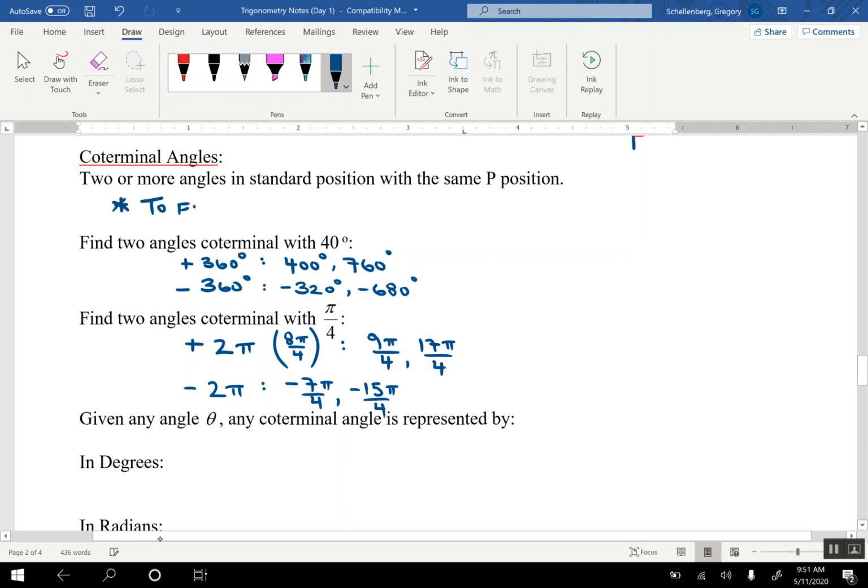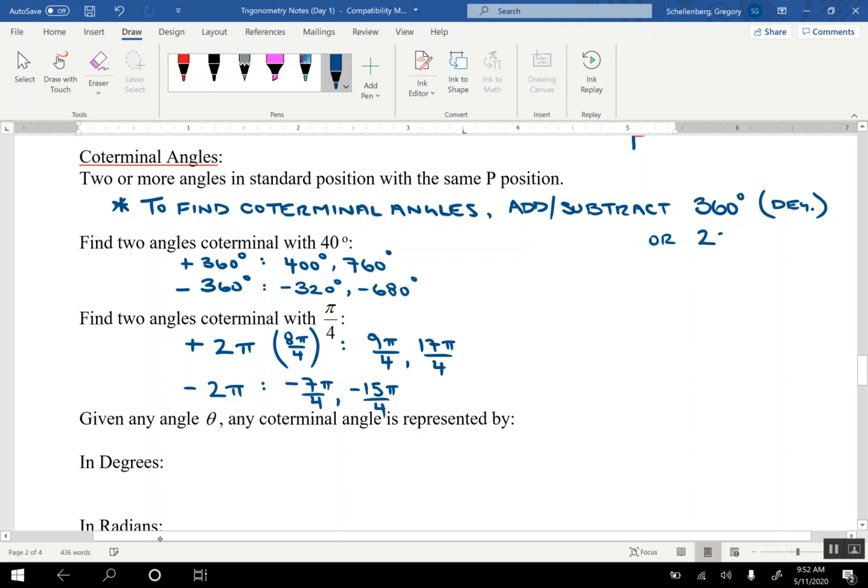To find coterminal angles, we can either add or subtract 360 degrees, if we're working with an angle in degrees, or 2 pi, if we're working with an angle in radians.